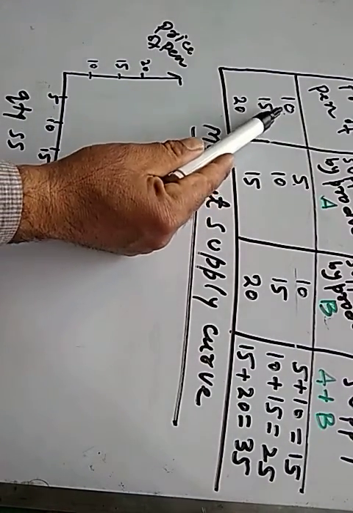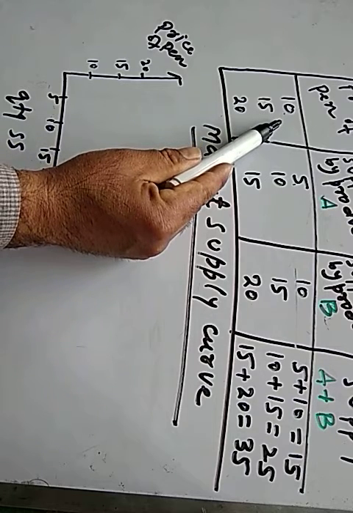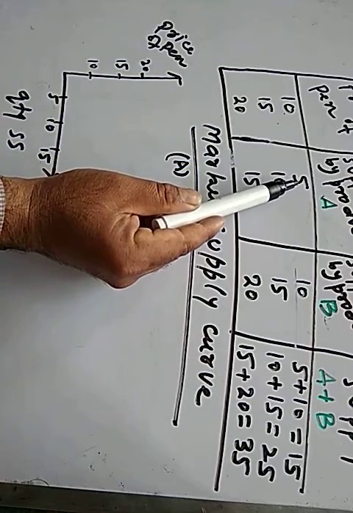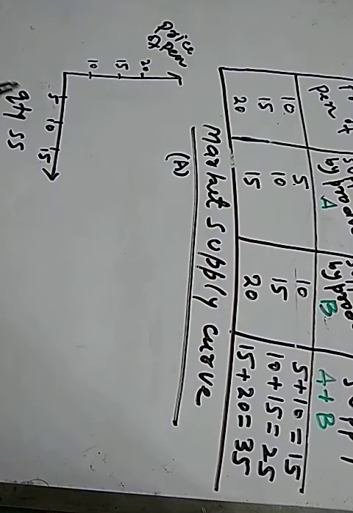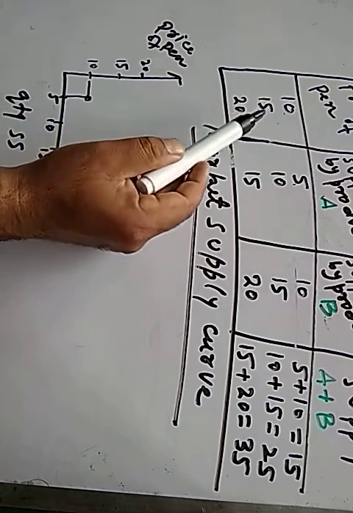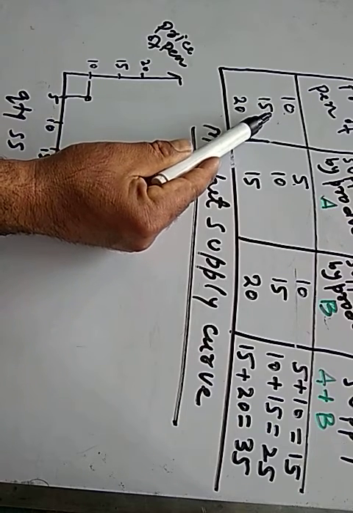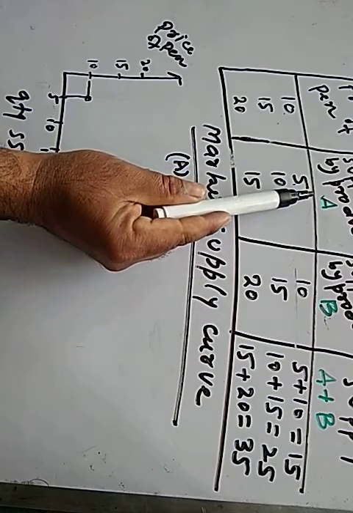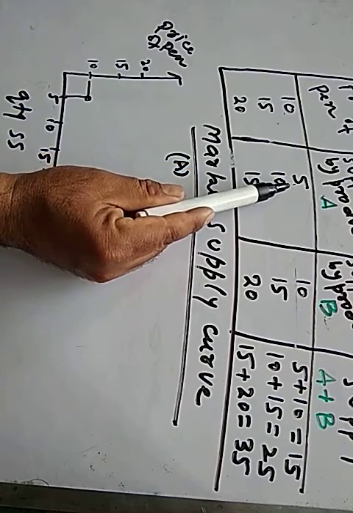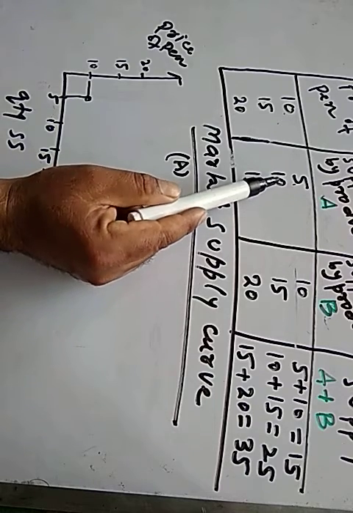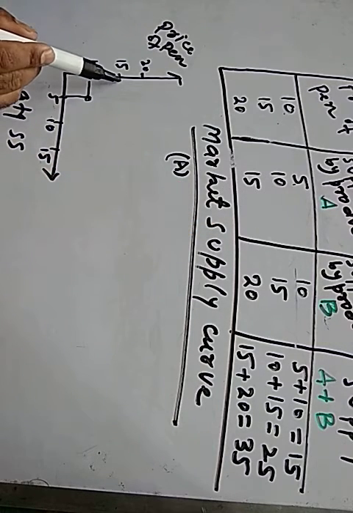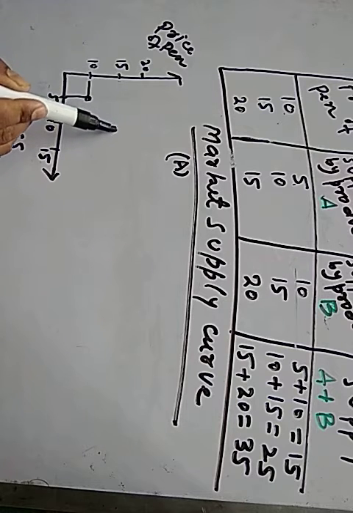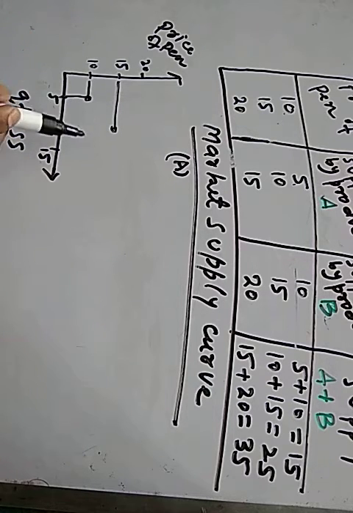When the price is 10 rupees per unit, the supply is 5 units by producer A. This is the price, this is the quantity supplied. When the price increased from 10 rupees to 15 rupees, quantity supplied by producer A also increased from 5 units to 10 units. At price 15, quantity supplied is 10.